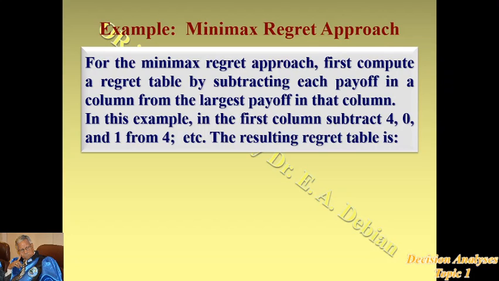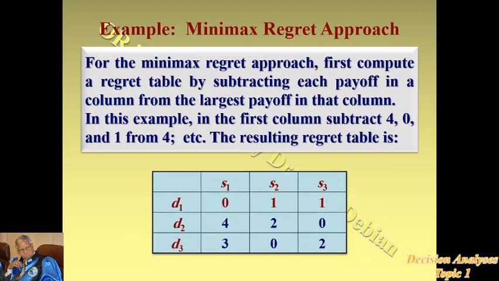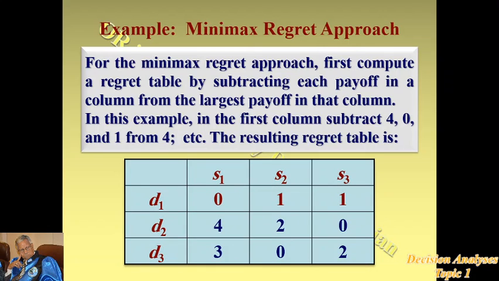The resulting regret table will be as follows. How do we calculate this regret table?